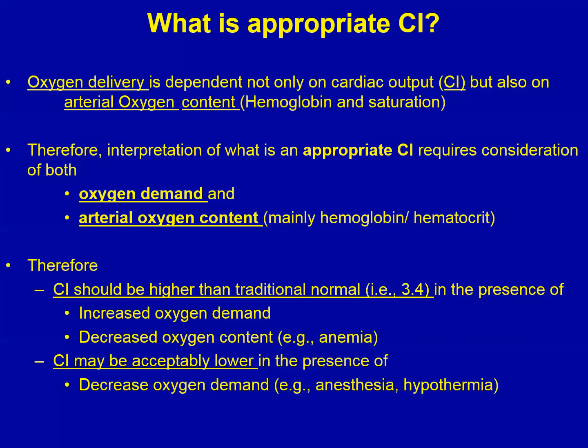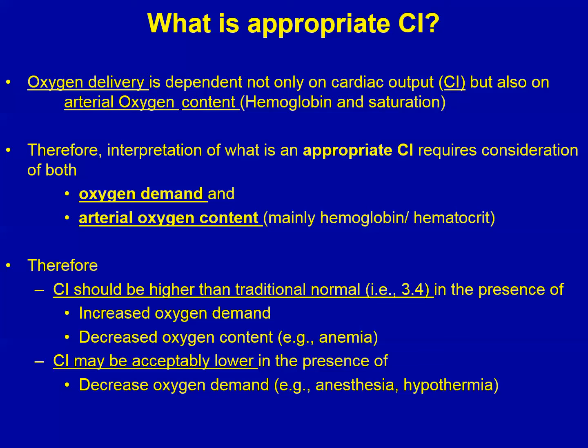So what is appropriate cardiac output? Because oxygen delivery is dependent not only on cardiac index but also arterial oxygen content, interpretation of what is an appropriate cardiac index depends on consideration of both oxygen demand and arterial oxygen content.